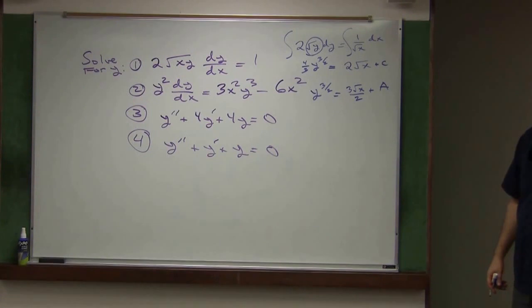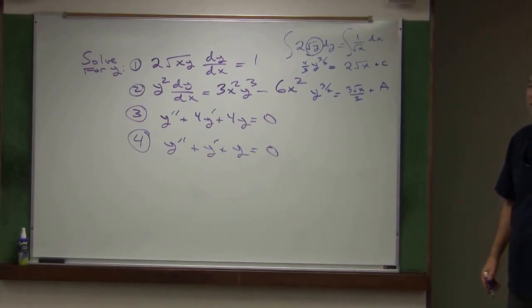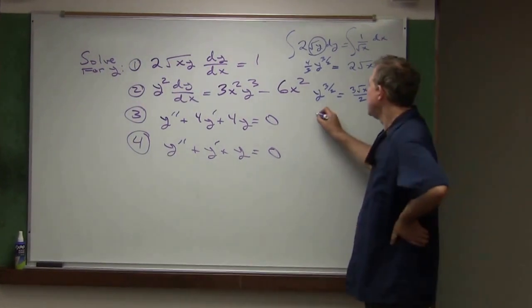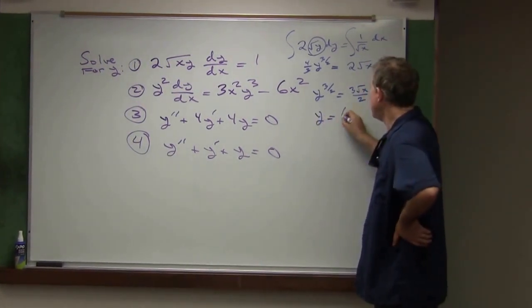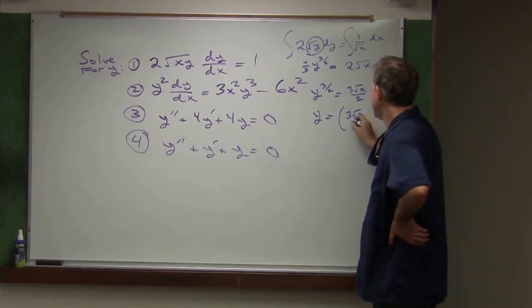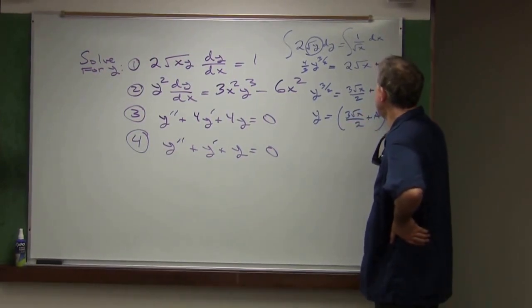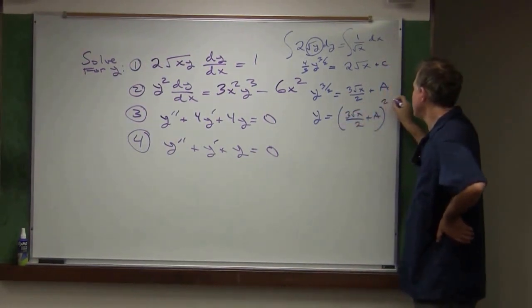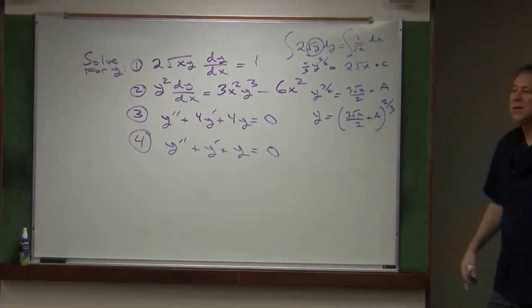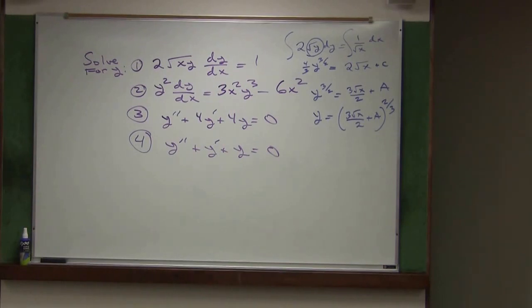And then, how do you undo it? Y is equal to that, square it, and then you cube it. So this to the 2/3. Yeah, very good.